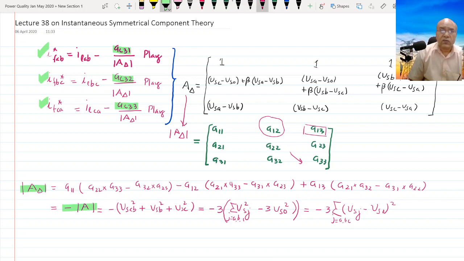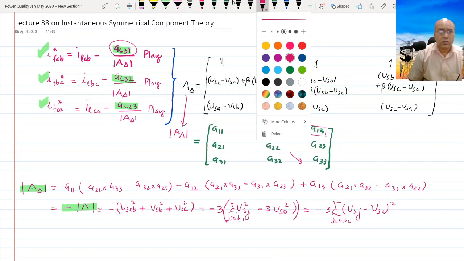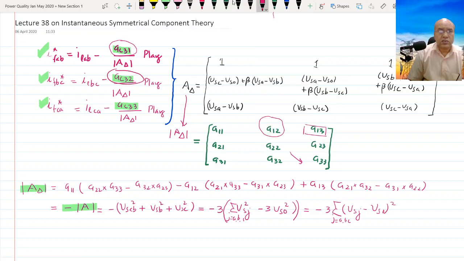So only this term, this term, this term and this term are important.